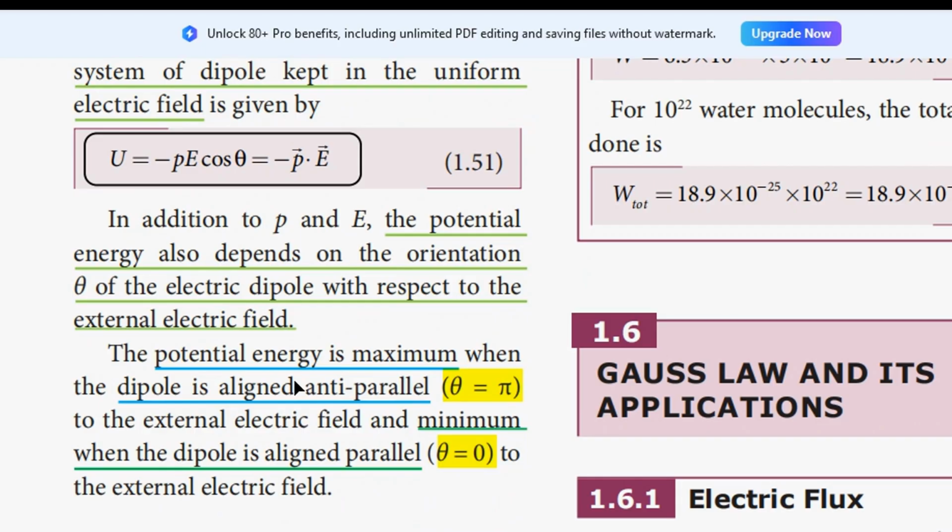The potential energy is maximum when the dipole is aligned anti-parallel, that means theta equal to pi, to the external electric field, and it is minimum when the dipole is aligned parallel, that means theta equal to 0, to the external electric field.